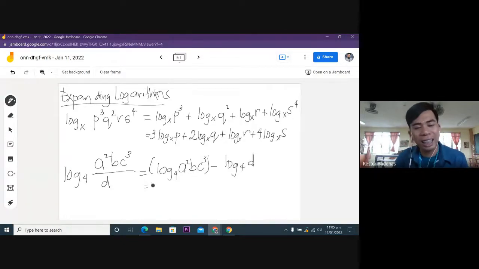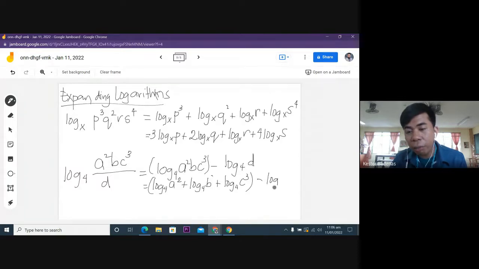Ayan. So, maghihiwa-hiwalay. So, we have logarithm of a squared with the base 4. Don't forget to enclose that in parentheses. Plus logarithm of b with the base 4 plus logarithm of c cubed with the base 4 minus logarithm of d with the base 4.